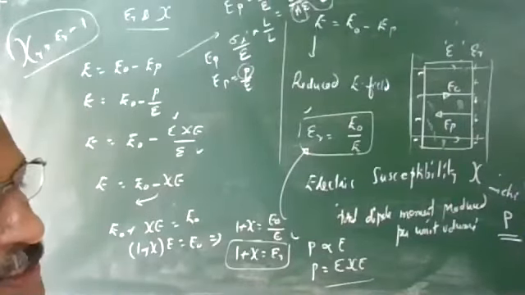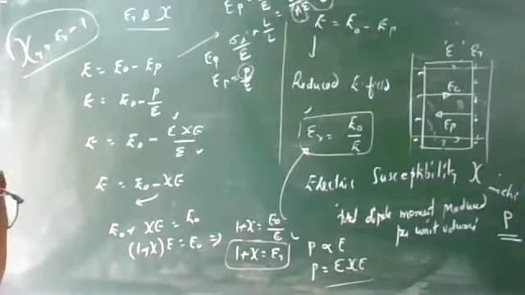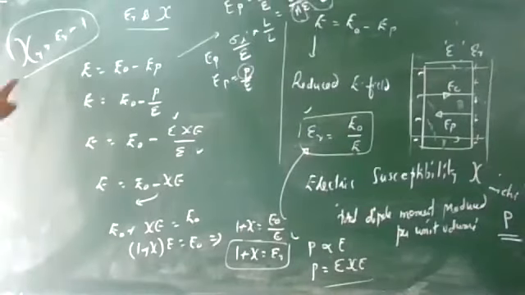Suppose epsilon r is 100. What is the susceptibility of that material? 99. What is the unit of susceptibility? There is no unit, because it is related to the dielectric constant.